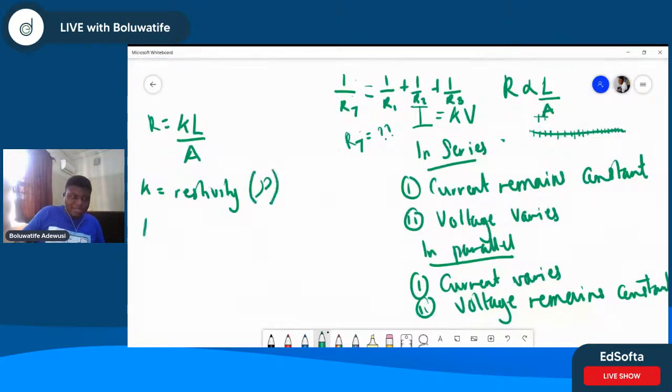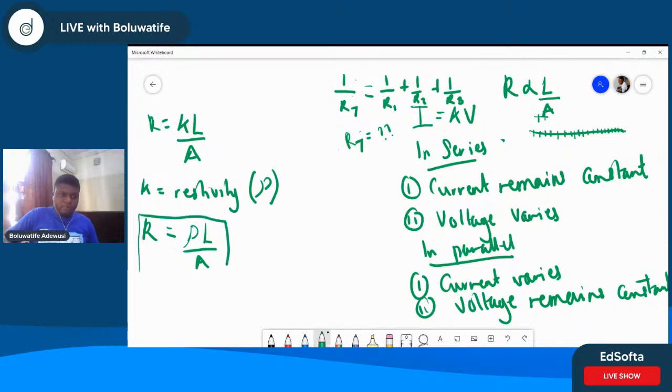It's called rho, a Greek alphabet. So you write it like this: R equals rho L all over A. So that's resistance for you. This is another formula to keep at the back of your head. It's going to come very handy in solving some questions.